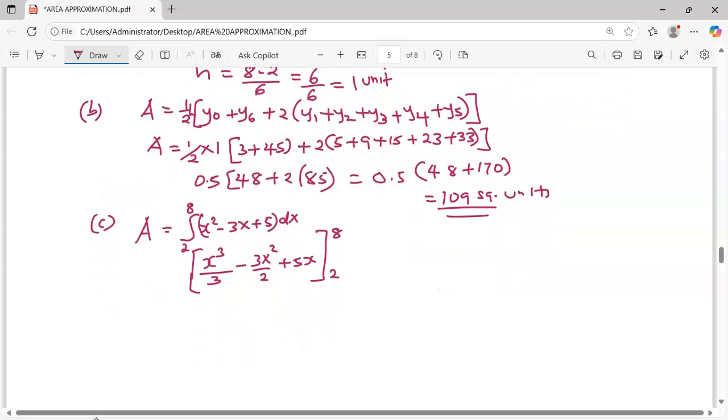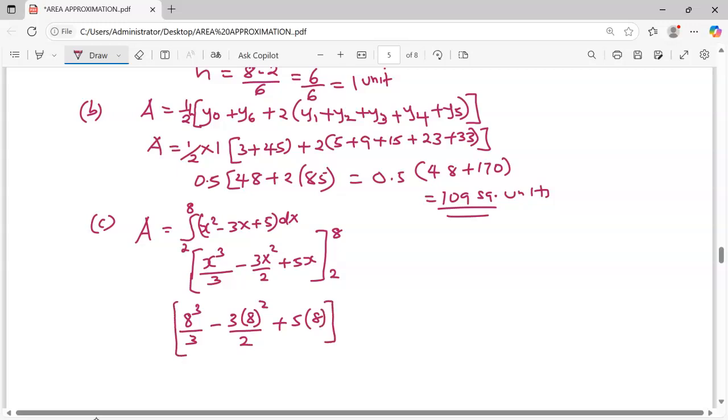After that, we are going to substitute for the maximum value in this integrated part. We are going to have 8 cubed divided by 3 minus 3 into 8 squared divided by 2 plus 5 into 8.